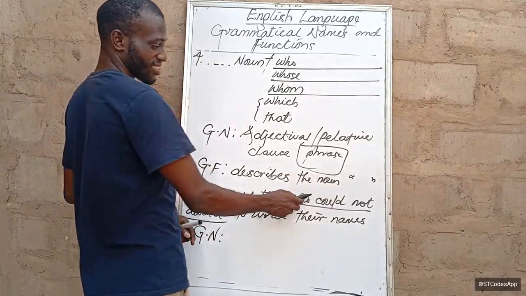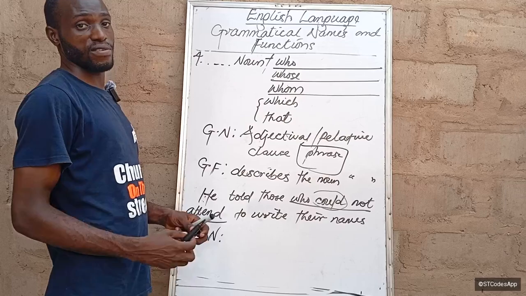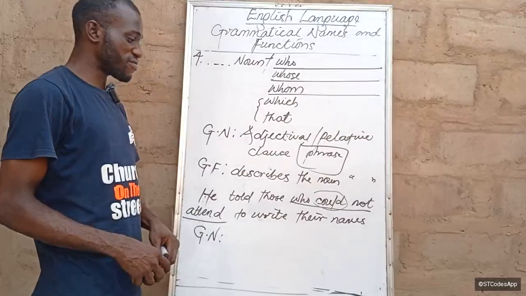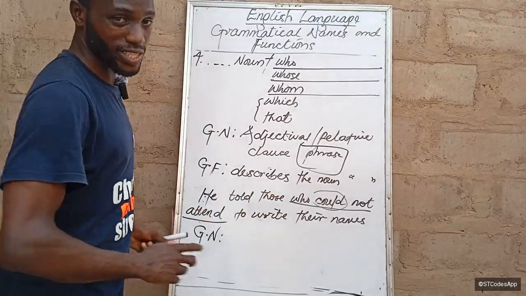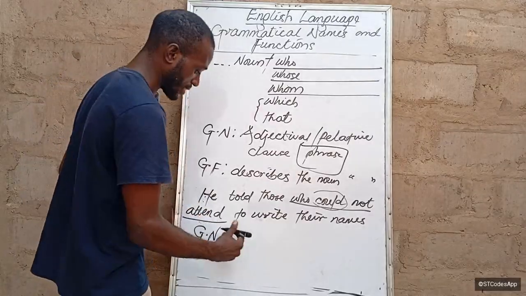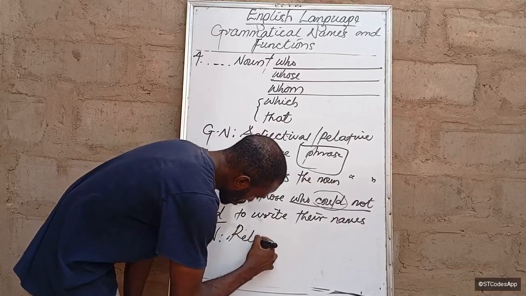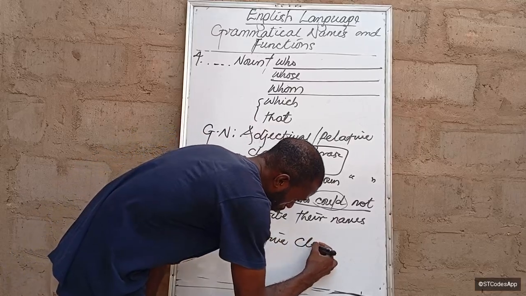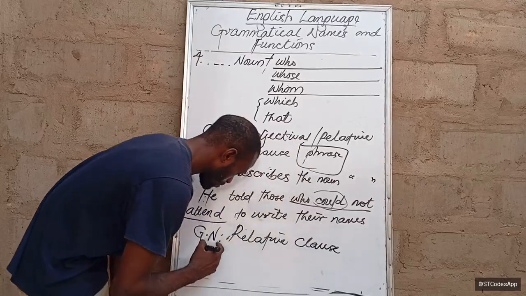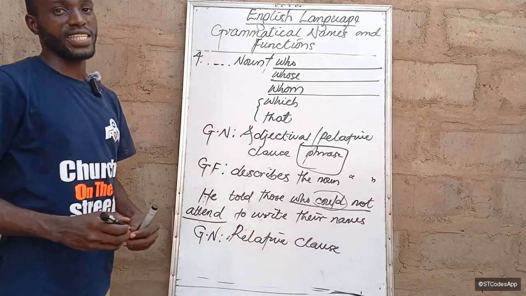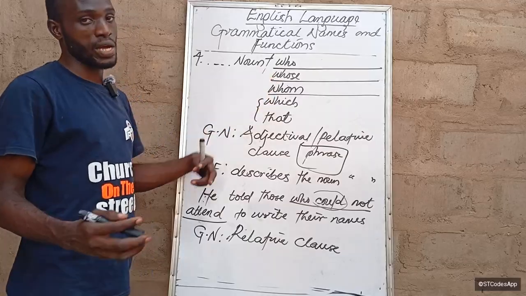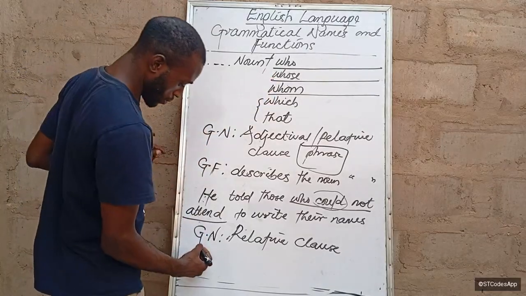First, you can already see that there is a verb immediately after the who. That's the way it always or almost always is. So we have adjectival or relative clause. I like to write relative clause, but they are the same, okay? We call it relative because they are begun by relative pronouns, okay? That's just for you to know.